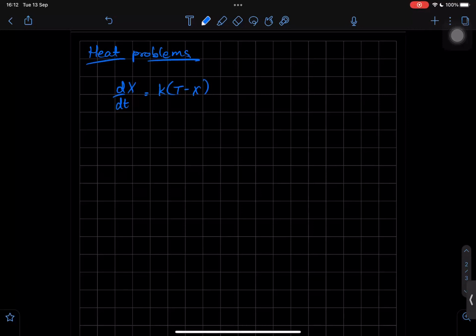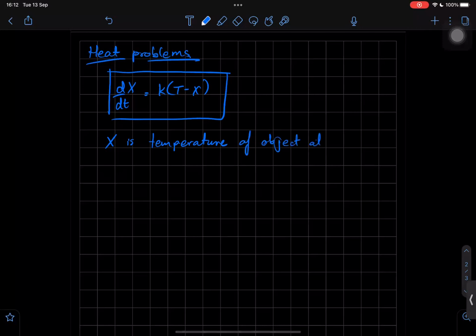Okay. x is temperature of the object at time t. So x, we can rewrite it as x of t.